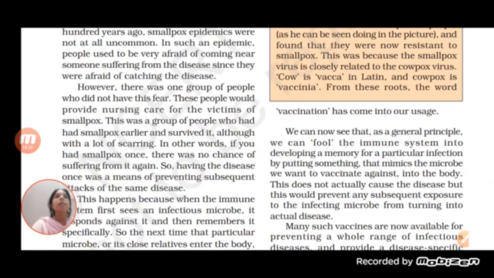What happened? Why is it so? See, when a microbe enters the body, the cells present in it try to understand it, the kind of function it performs, and even the metabolism of the microbe.